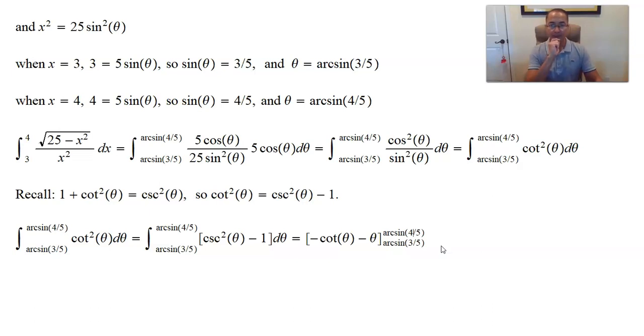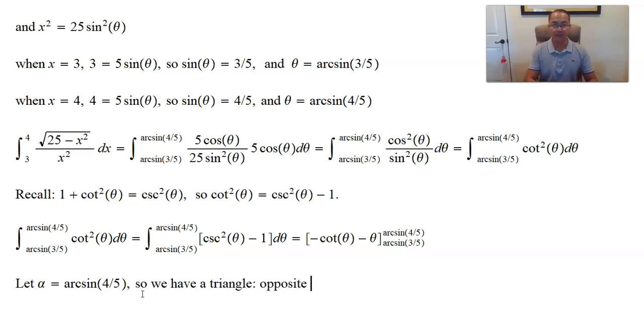All right, so we have to plug in the limits. However, we want cotangent theta. Okay, so let's do that separately. Let's give the angle a name. Let alpha be arc sine 4/5. Okay, so we have a triangle.